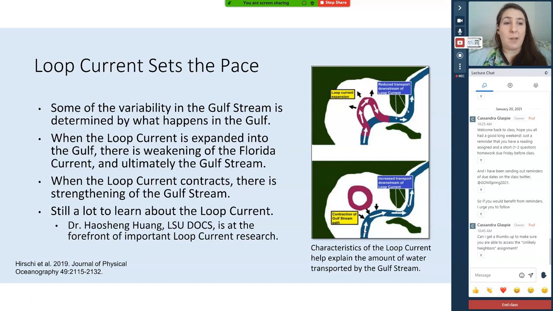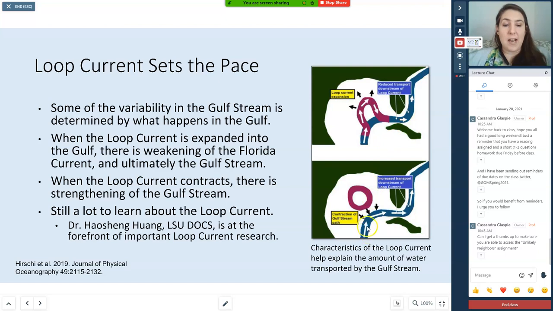Some of the variability that we see in the Gulf Stream is actually determined by what happens in the Gulf of Mexico. So the Loop Current sets the pace. Whatever happens in the Loop Current can really help us determine what's happening in the Gulf Stream. When the Loop Current is expanded into the Gulf of Mexico, and we're seeing that bulging, what you actually see is a weakened Florida Current, and ultimately the Gulf Stream is weakened.